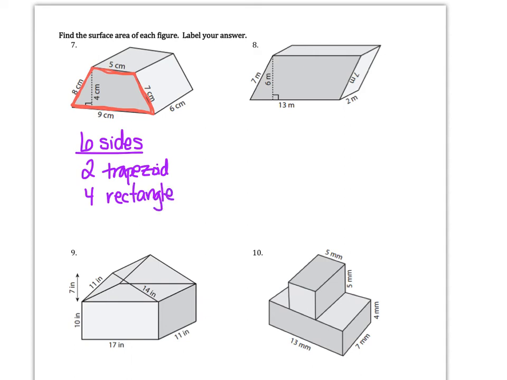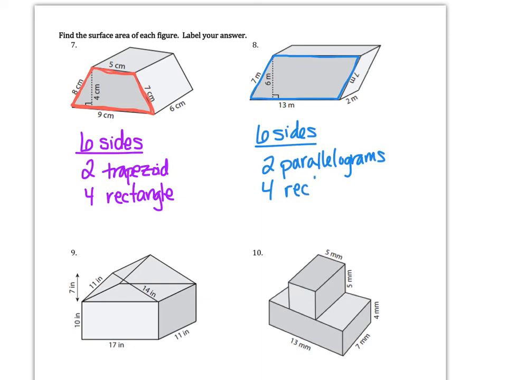For number 8, this is a parallelogram prism, where our base is a parallelogram, which remember, you already know the formula for a trapezoid and for a parallelogram. So it's also got 6 sides. It's got 2 parallelograms, front and back, and then it's got 4 lateral rectangles that wrap around for the lateral sides.